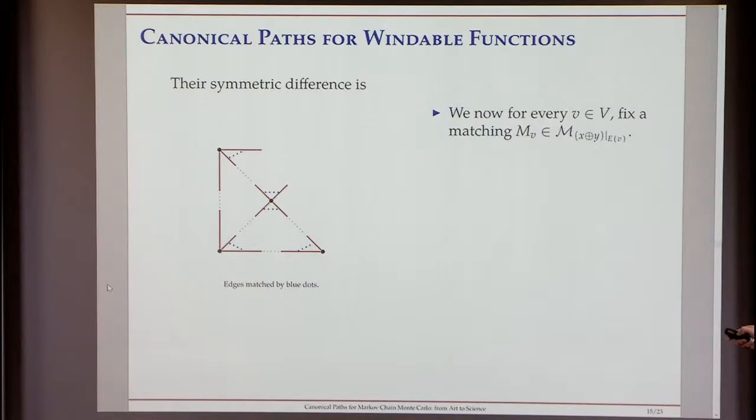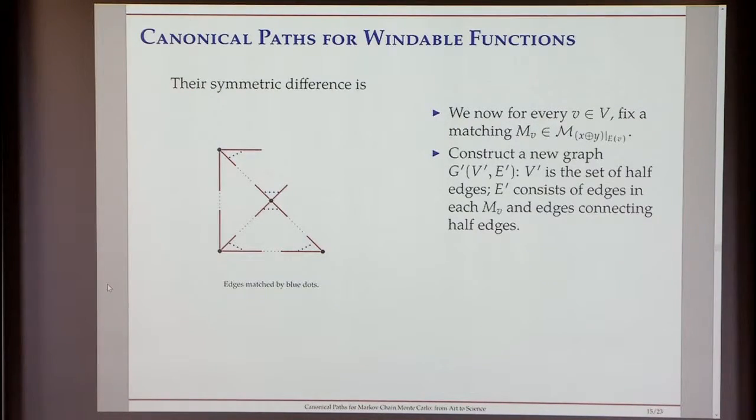So consider this vertex, then we have three edges. So we don't have a full matching. We have two edges matched and a singleton edge, right? So we use this blue dotted edge to indicate the matched edges. And for this degree 4 vertex, we have two pairs of matched edges. So now we fix such a matching for each vertex.